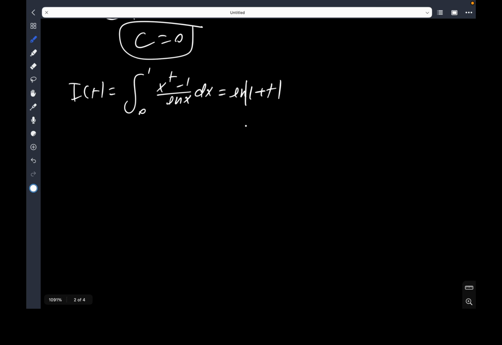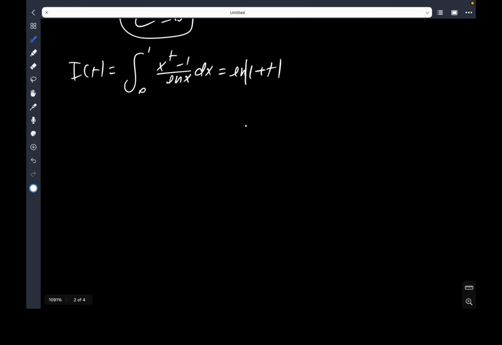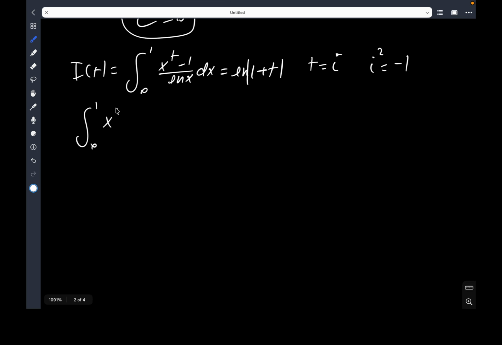Now, if I put i here instead of t, where i is the imaginary number with the property that i squared is minus 1, I'm going to get the integral of (x^i minus 1) over ln x dx equals ln of 1 plus i.